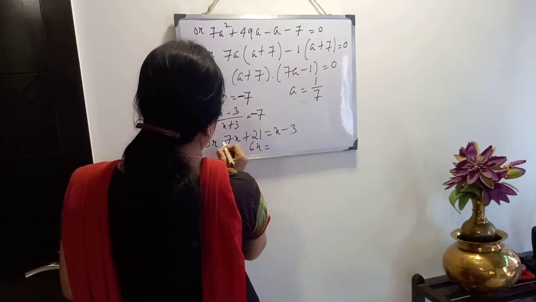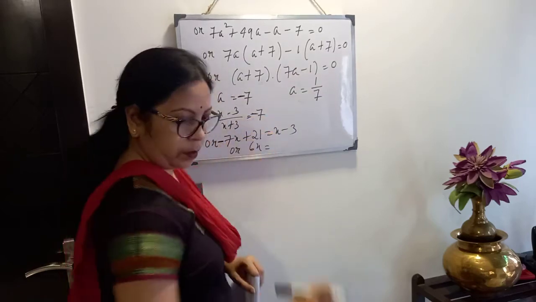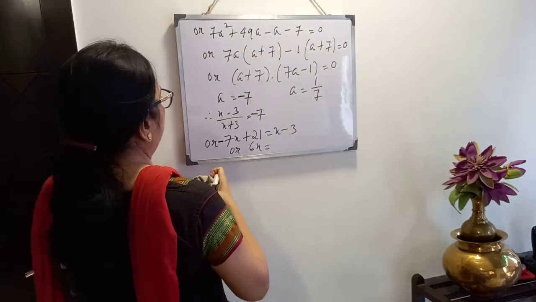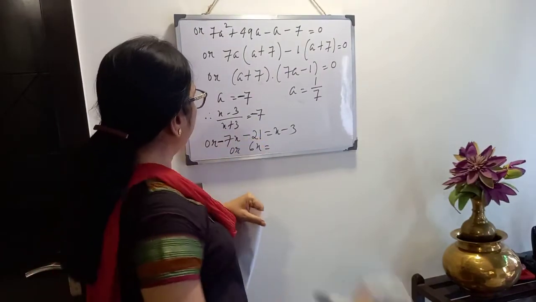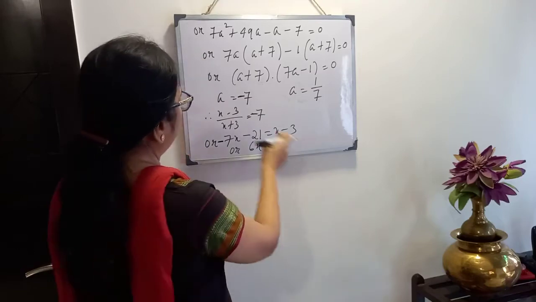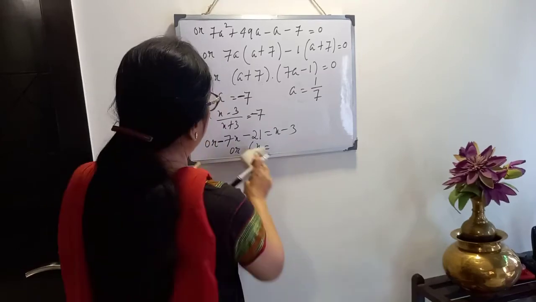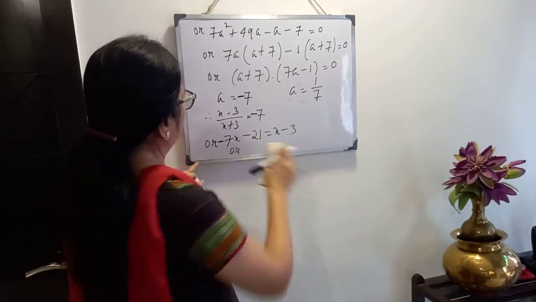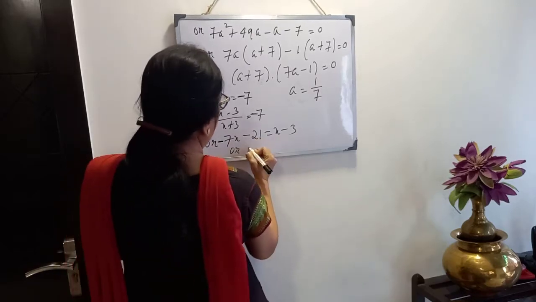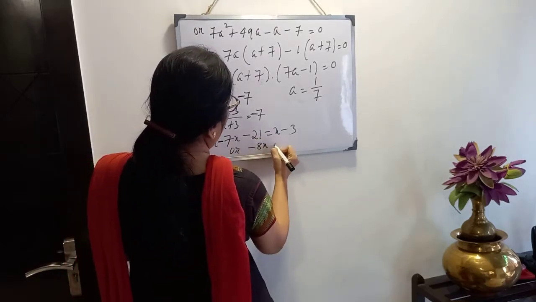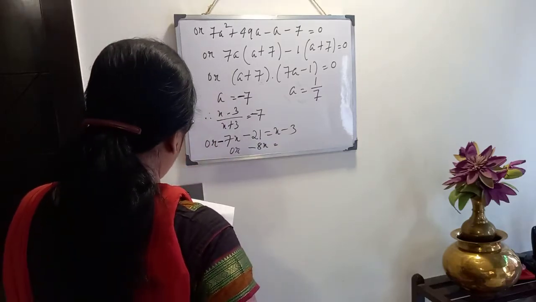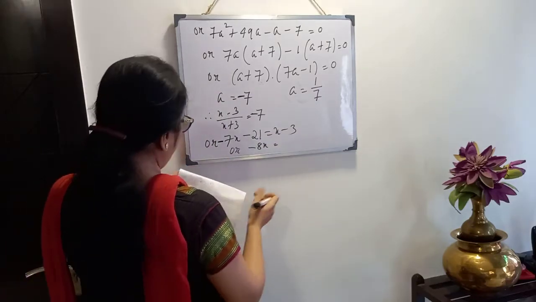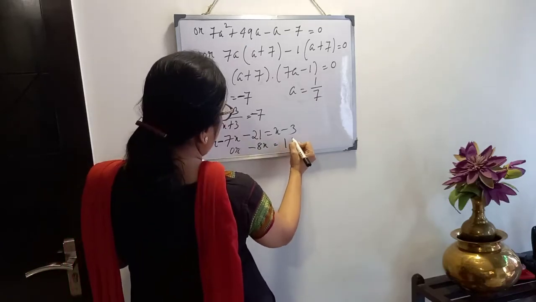So minus 7x minus 21. So x minus 7x, it will become minus 6x... minus 8x equals to 21 minus 3 will go that side, that means it is becoming 18. Clear?